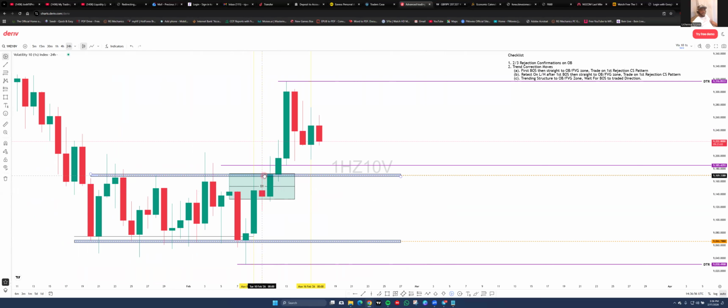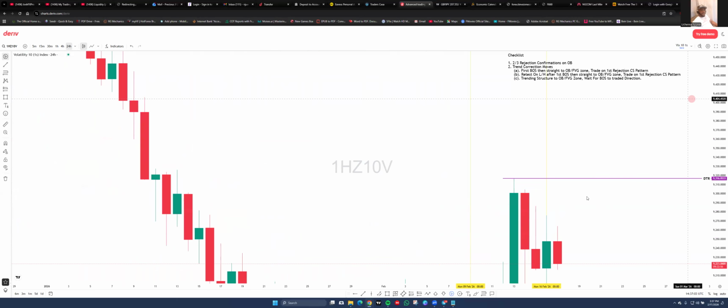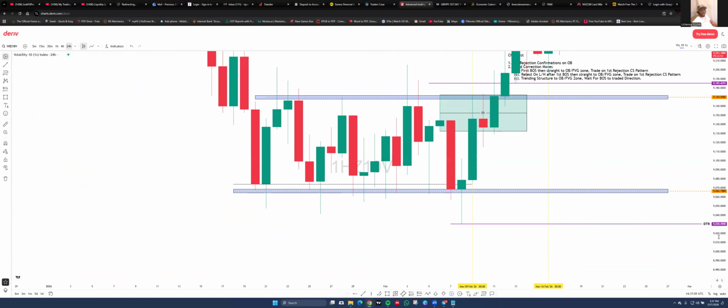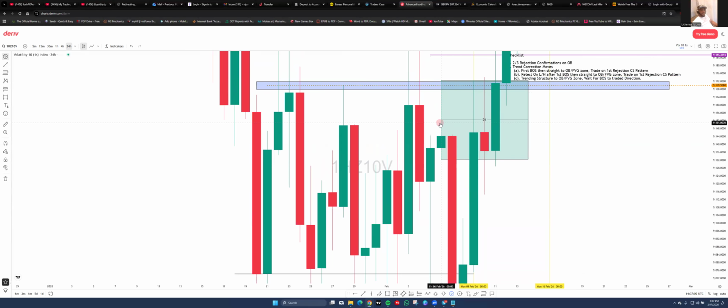Then on Tuesday, the market invalidated it. Do you see what I'm showing you? If you look closely, I should zoom in from here. You see where the other block is?